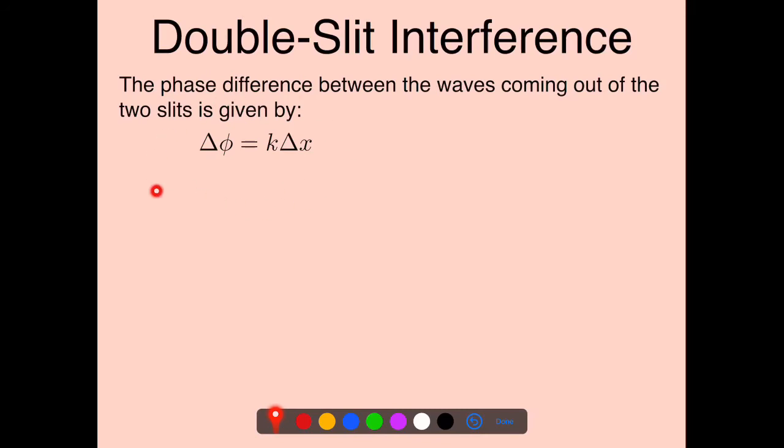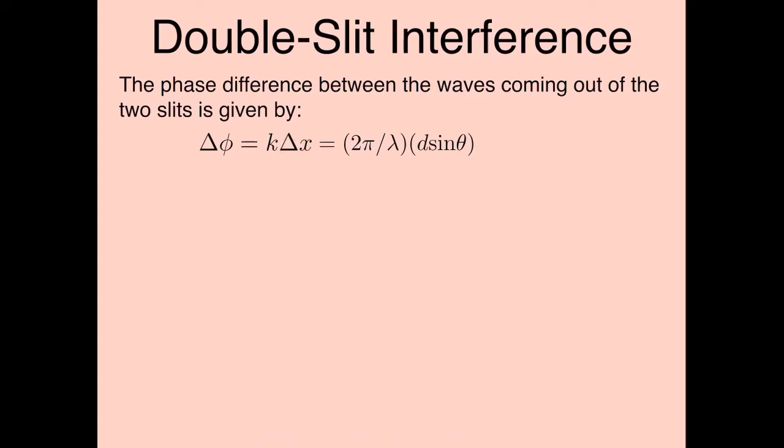So if we take what we just learned and apply it to our previous expression for the phase difference, remember delta phi for the two waves coming out of the two slits is given by k times delta x. And we can replace k with 2 pi over lambda, and we can replace delta x with d sine theta as we just worked out.